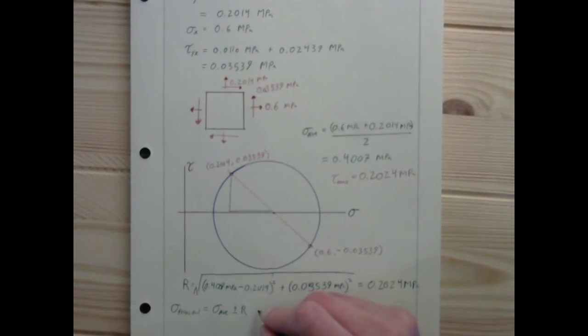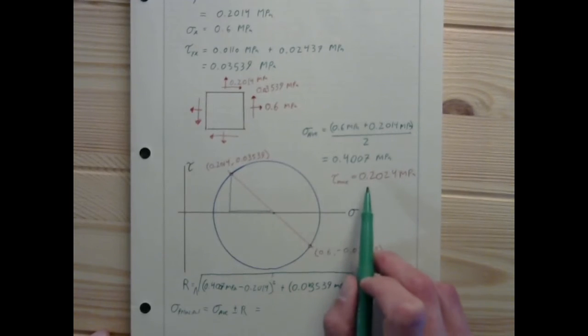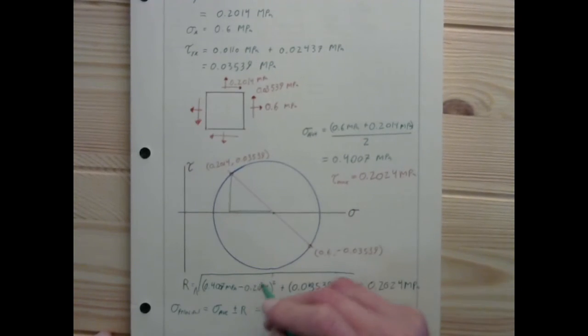Let's cut to the chase: it's 0.4 plus or minus 0.2. So it's going to be just a scotch more than 0.6 and just a scotch less than 0.2.